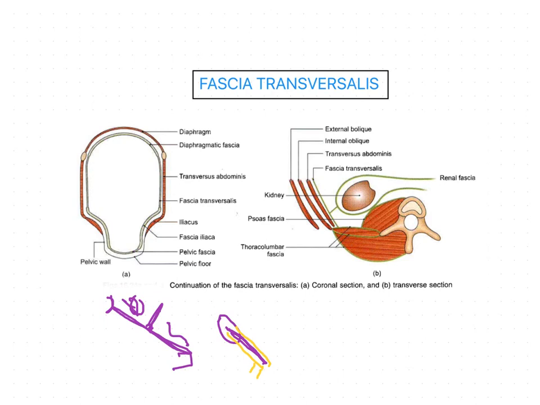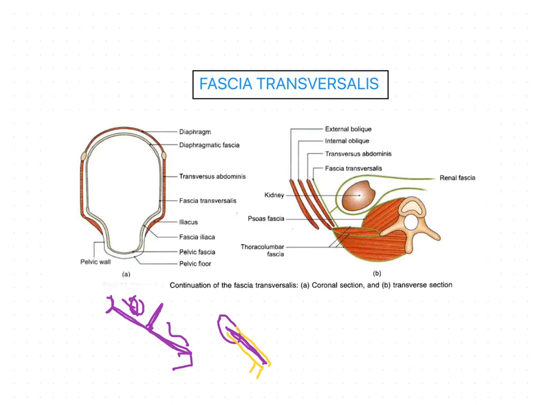Which fascia? Transversalis fascia. So the fascia transversalis is prolonged into the thigh as the anterior wall of the femoral sheath. This femoral sheath covers the femoral vessels.